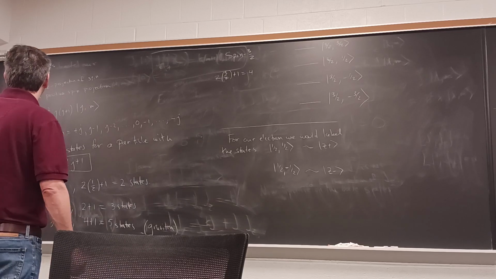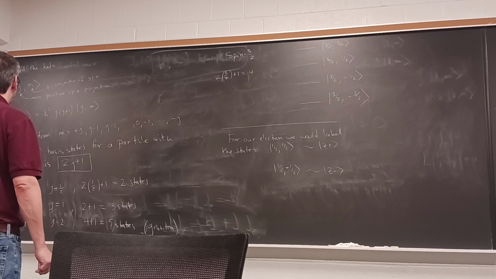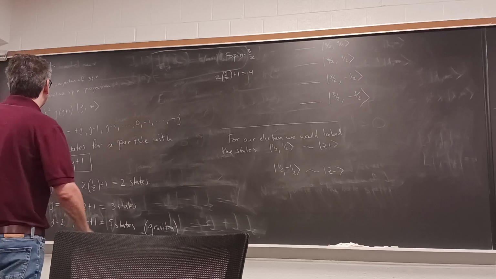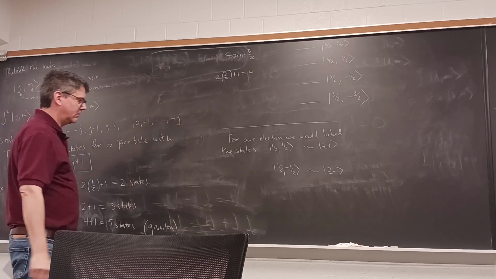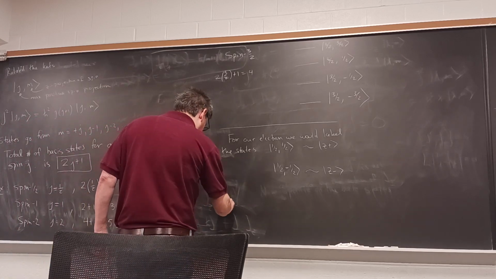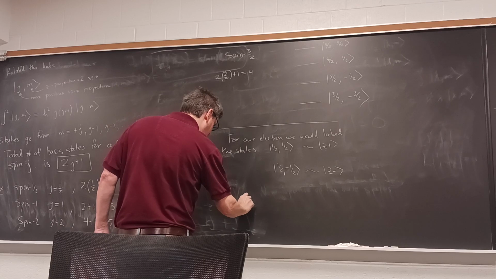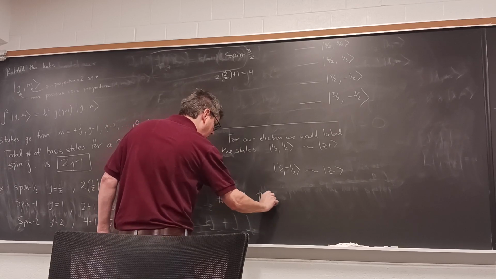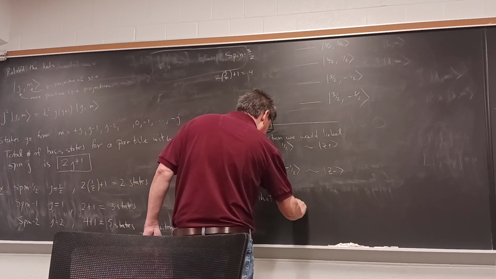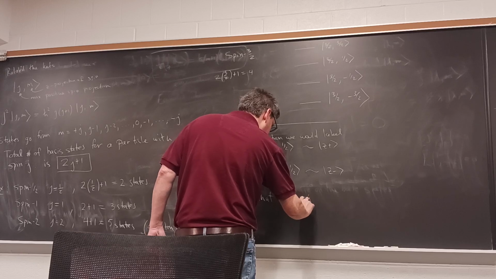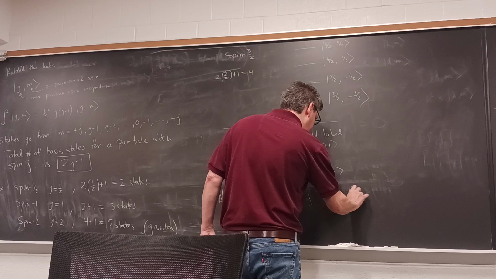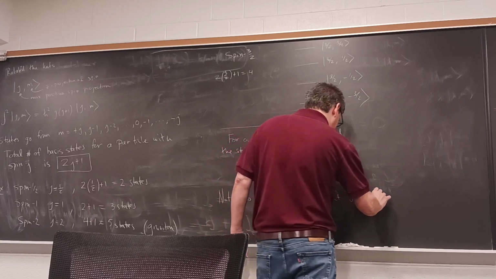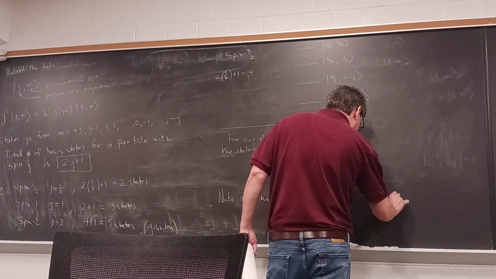Okay, so the other thing to notice is that M max is equal to J, but J squared is equal to J plus 1.